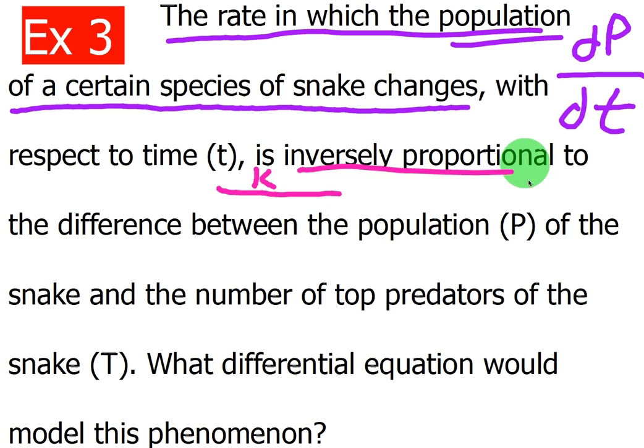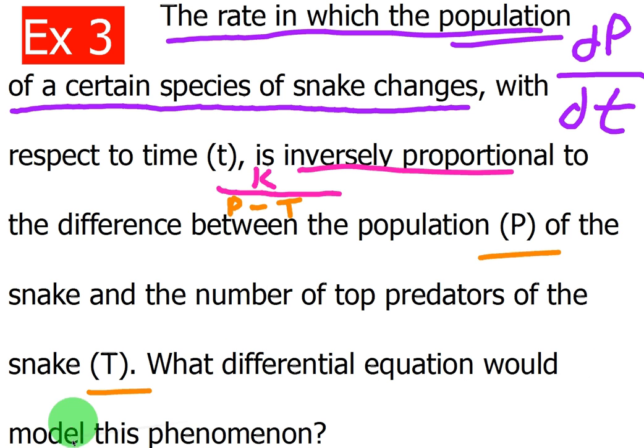So it's inversely proportional to the difference between the population of the snake and the number of top predators of the snake. So if it's inversely proportional to the difference between P and T, on the bottom of this fraction bar, you can just put P minus T. Okay, and that's actually all you have to do for this expression. That's a long sentence that was converted to k over P minus T.